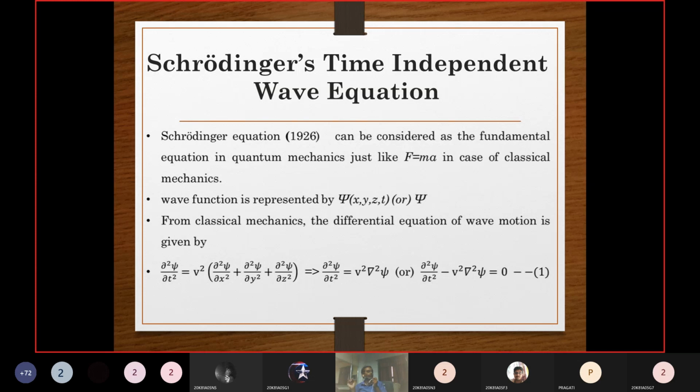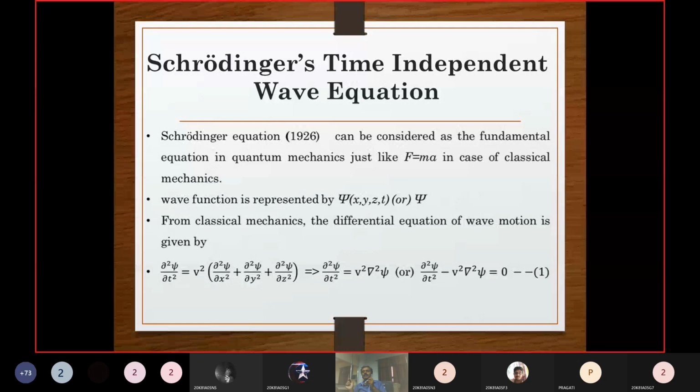One more thing: for finding the probability of the electron, we will use the wave function. Here psi star is the complex conjugate of the wave function. Psi into psi star gives the probability density.